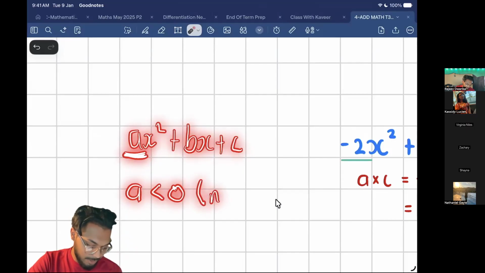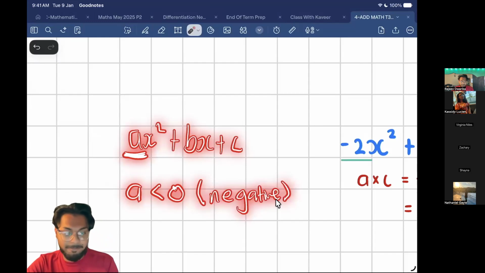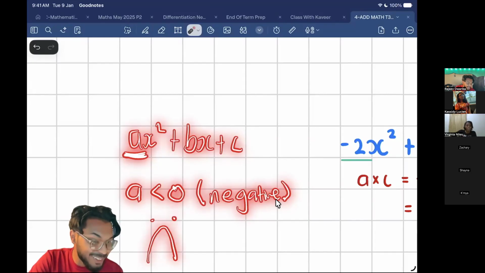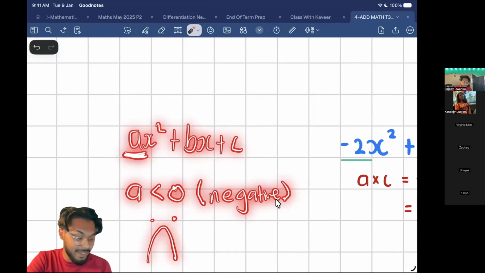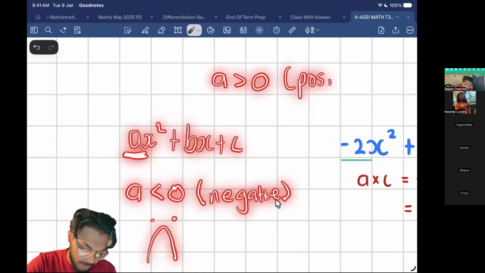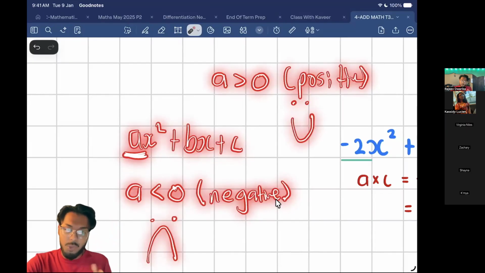You're negative. So you're frowning. Kamaya, if you're negative, where's the only way you go? Look sad. Exactly. Don't ever forget this, right? So that's our maximum. And if a is more than 0, it means that it is positive. And obviously, if you're positive, you're smiling. That's our minimum. Don't ever forget it.